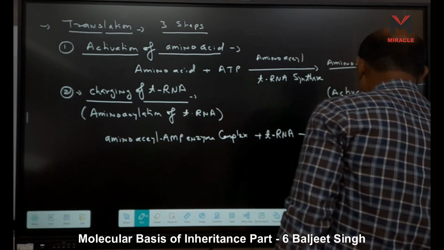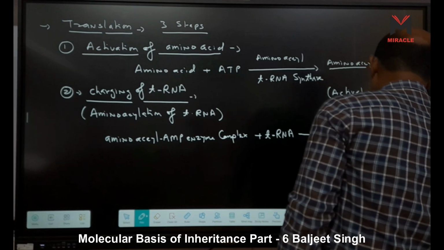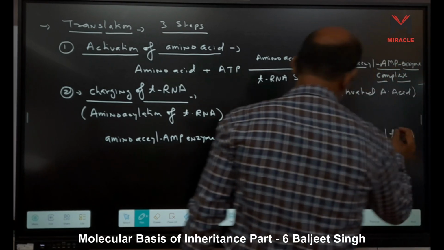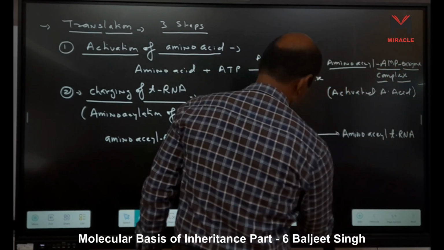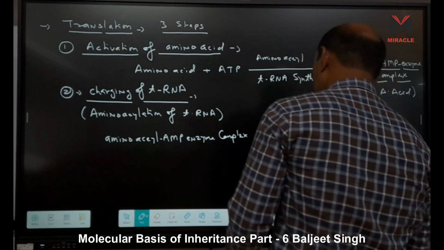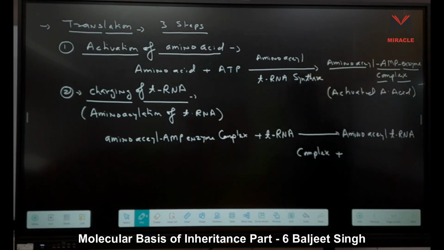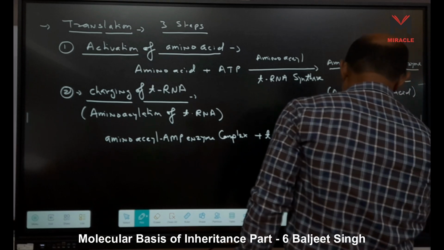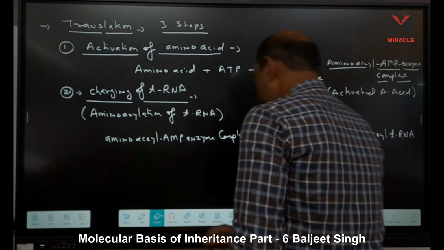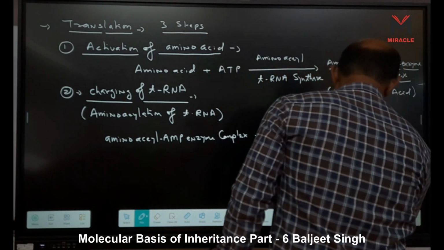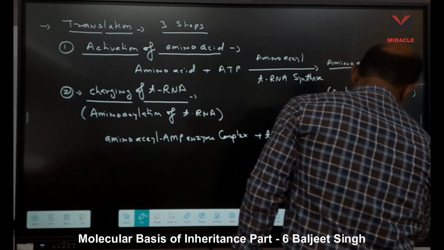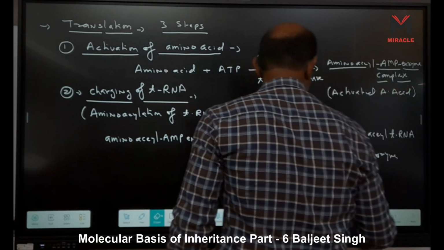The amino acyl tRNA complex is formed, and this AMP is released. The enzyme is also released, AMP plus enzyme.